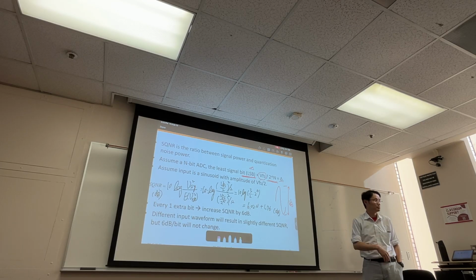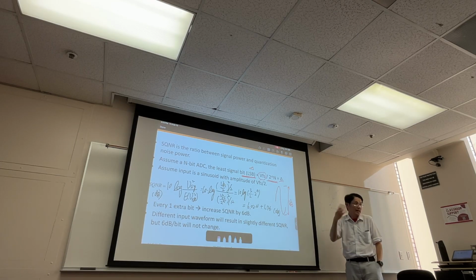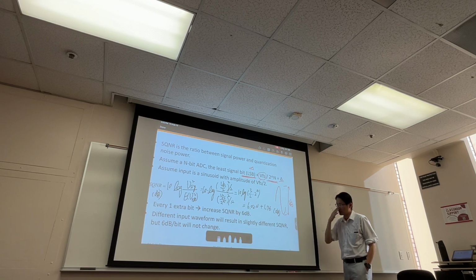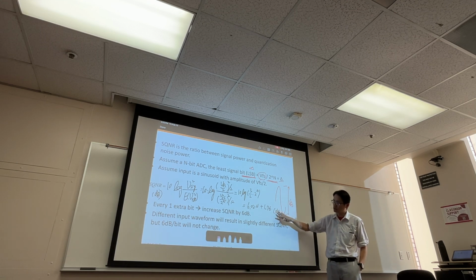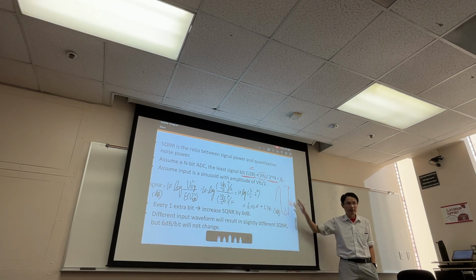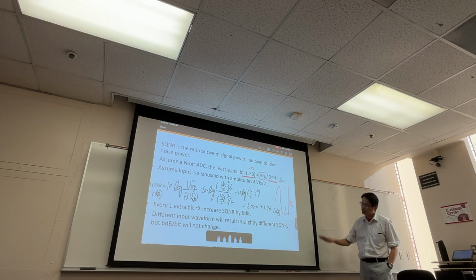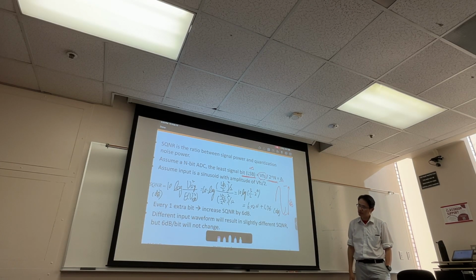That's why this class is so important. No matter what application you're going to build in the future, there's got to be an ADC, or DAC. When I say ADC, it means that there's also DAC, right? So there's always this conversion between the analog and digital world. So you always have a market, so you've got to design something there.